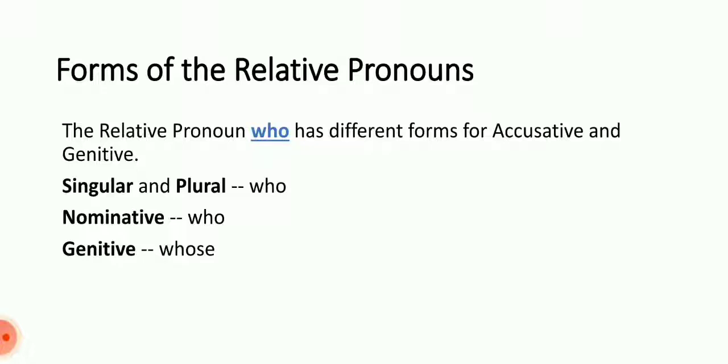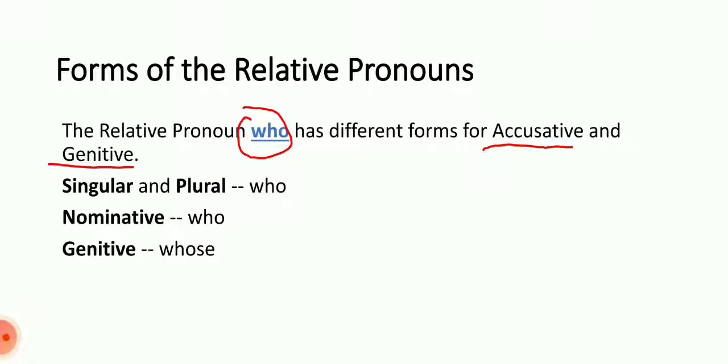As you know, in earlier videos we have discussed what accusative and genitive are. If we repeat it again, accusative is called the object case and genitive is called the possessive case. So who is used for singular and plural both.